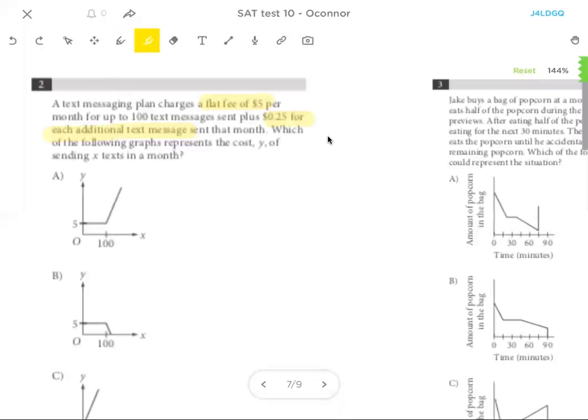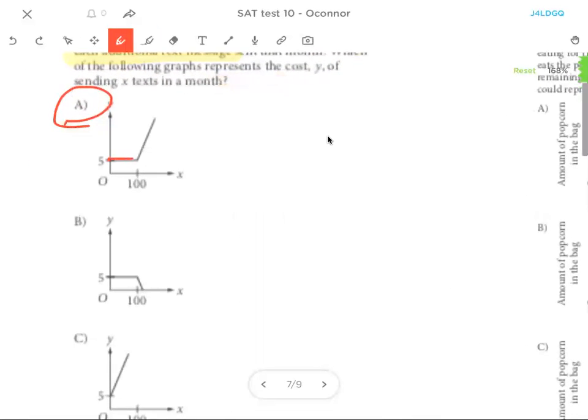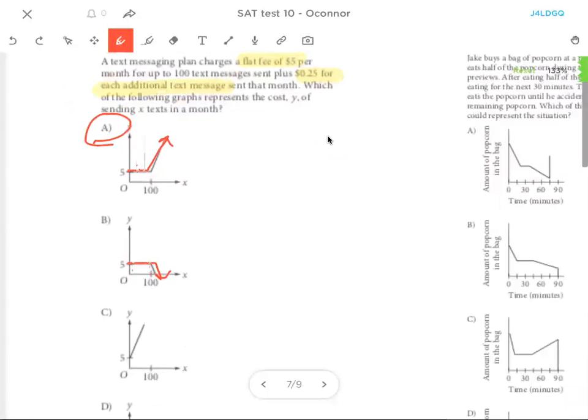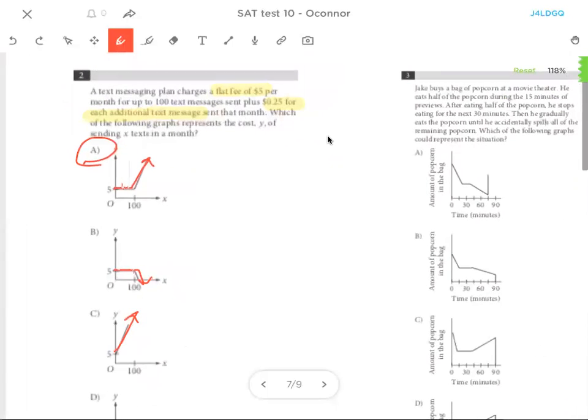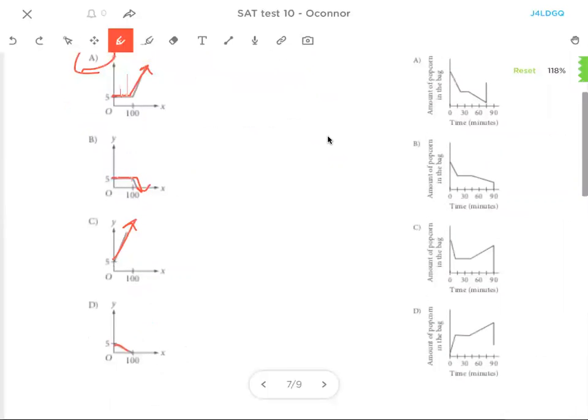So this is a positive y-intercept, and then it's going up. And so this is going to be our answer, because we're starting at 5 and then it's increasing, as opposed to starting at 5 and then decreasing like that one. It doesn't increase right away because it says we get 100 messages for the first $5. Okay, and it certainly doesn't decrease right away.